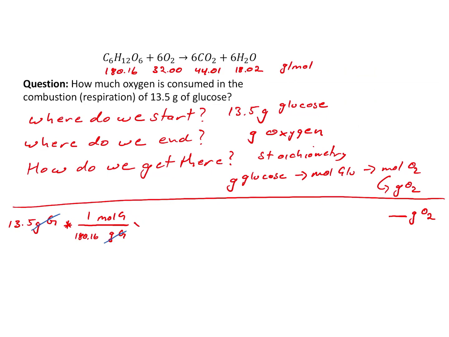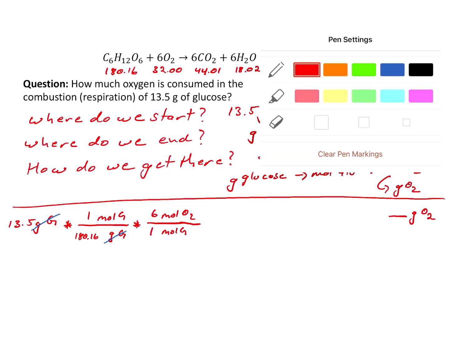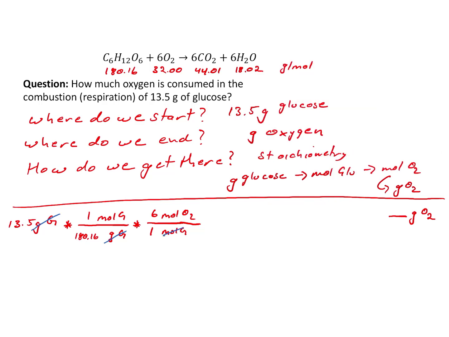Now I keep on going because that's not a number that I need. I can use the chemical equation now to get rid of moles of glucose and convert that into moles of oxygen. The coefficients in front of each one of these molecules are 6 and 1 respectively. When I do that, I get rid of moles of glucose.